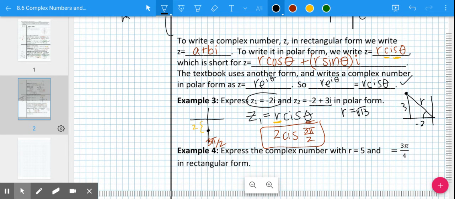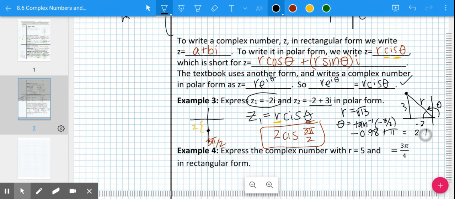The theta is going to be the quadrant 2 angle that gets me to that triangle. So to find theta, you're going to do tan inverse of y over x. Your calculator is going to give you negative 0.98, which is in quadrant 4. So you're going to add pi to it to move it to quadrant 2.